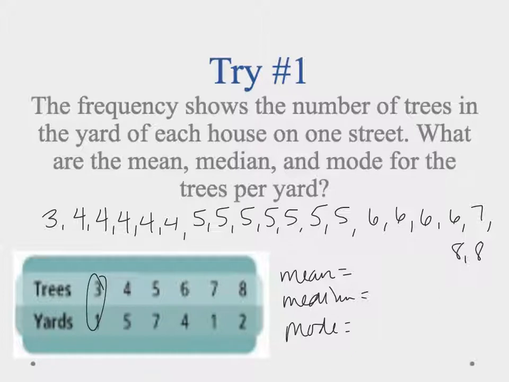Plus 5 times 7 is 35. Plus 6 times 4 is 24. Plus 7 times 1 is 7. Plus 8 times 2 is 16. That total is 105, and we still have to divide by how many there are. There are 20, so we're going to get 5.25.